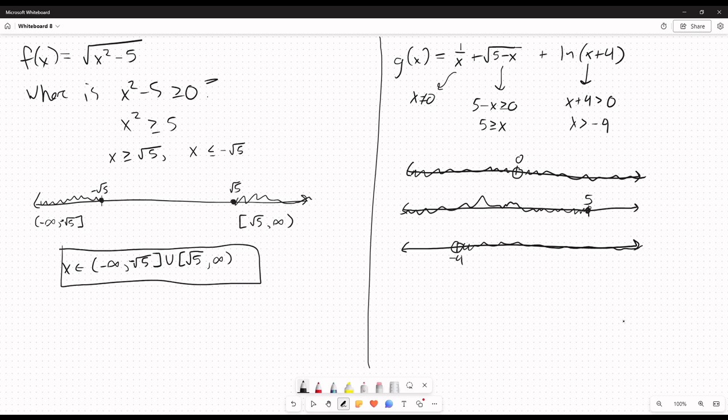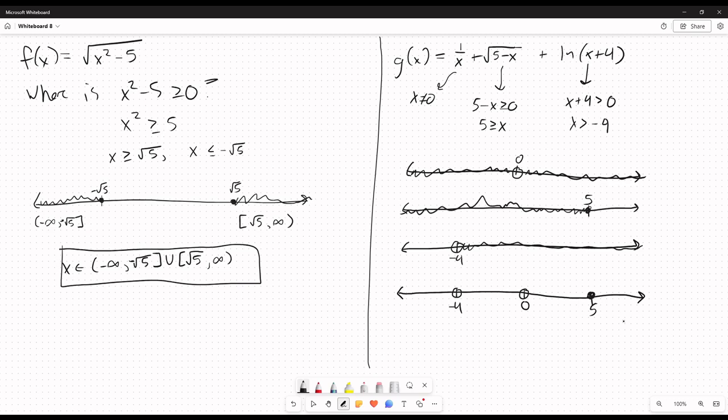So if we look at all the places where all those pieces are defined, we're going to look at negative 4, 0, 5. First, we see that they're not all defined at negative 4 because the last one isn't. They're not all defined at 0 because the first one isn't, but they are all defined at 5. The last one isn't defined for values less than negative 4.